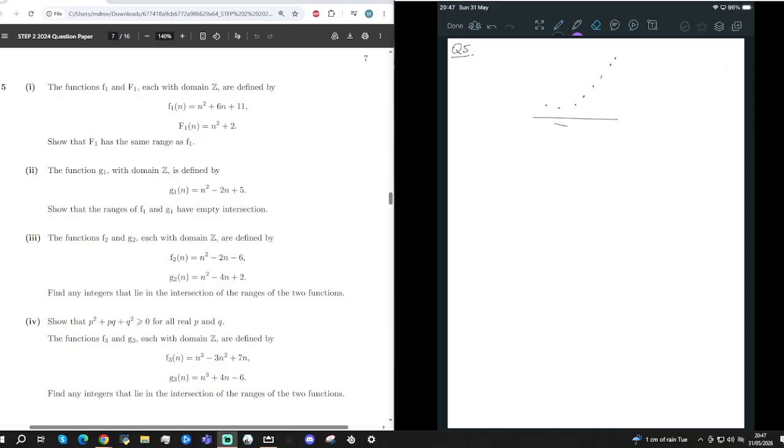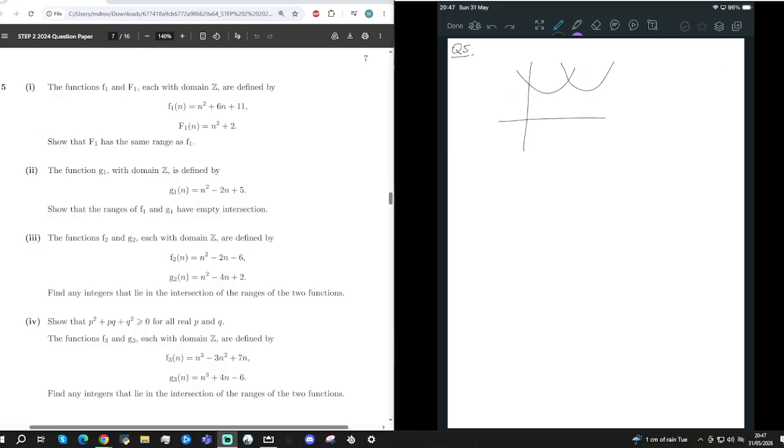And therefore, as we're in the integers, talking about their range is going to be a sequence of distinct values as well. So if this was in the real numbers, to show that two things have the same range, we would simply need to show, in the case of quadratics at least, that their minimum points are the same, so their ranges are both the same.